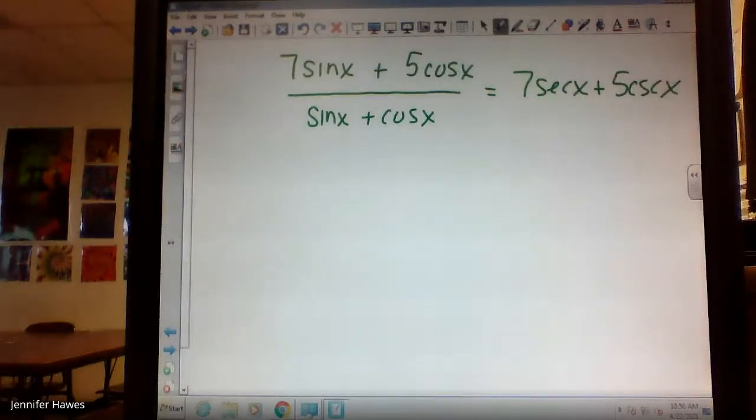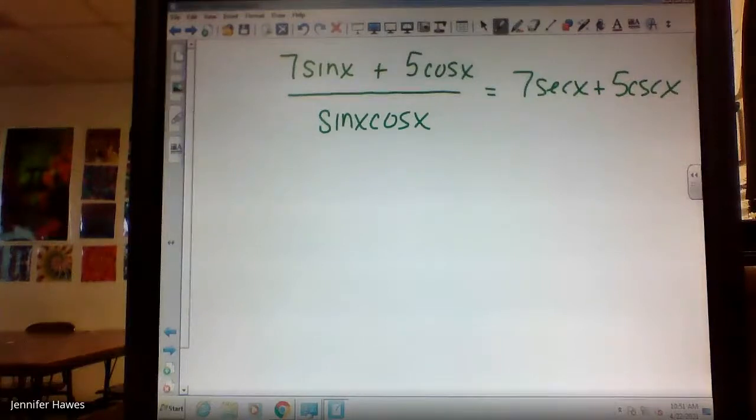Like that? Yep. All right. I don't think they were added together. Oh, the bottom wasn't. I guess I could have just taken the sign out. So it's like that.